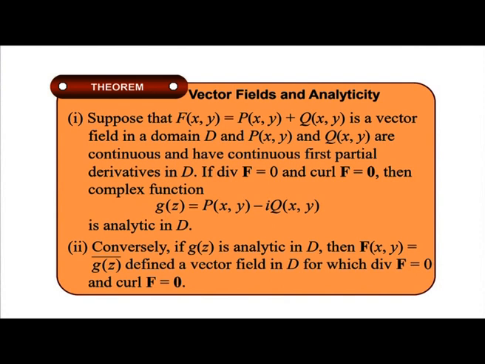Suppose that F(x,y) equals P(x,y) plus Q(x,y) is a vector field in a domain D, and P and Q are continuous and have continuous first partial derivatives in D. If divergence of F is equal to 0 and curl of F is equal to 0, then the complex function g(z) equals P(x,y) minus i Q(x,y) is analytic in D. Conversely, if g(z) is analytic in D, then F(x,y) equals the conjugate of g(z) defines a vector field in D for which divergence of F is equal to 0 and curl of F is equal to 0.